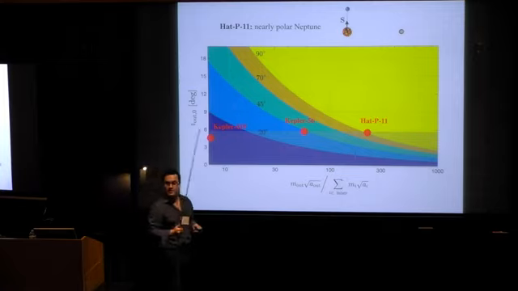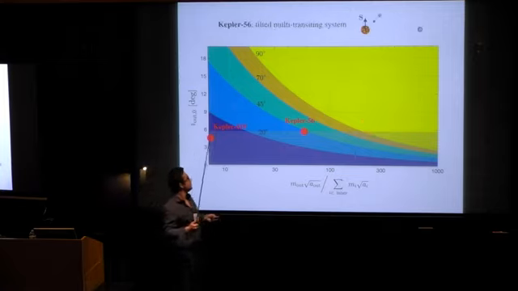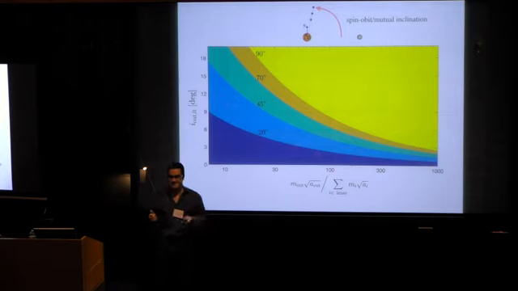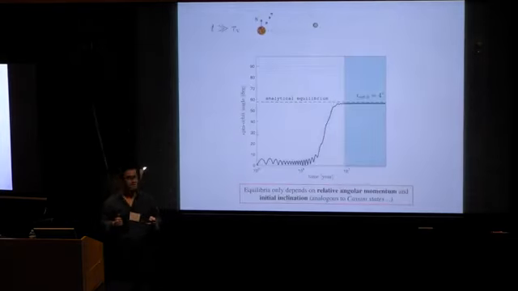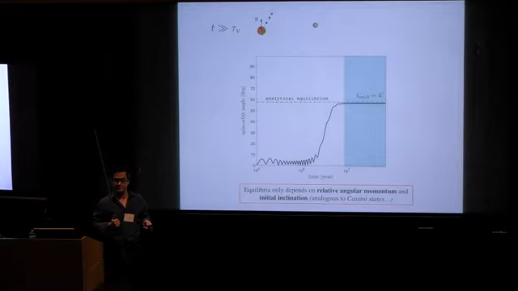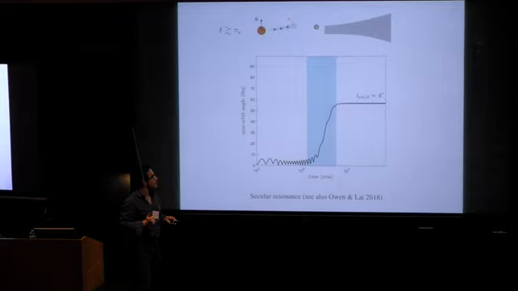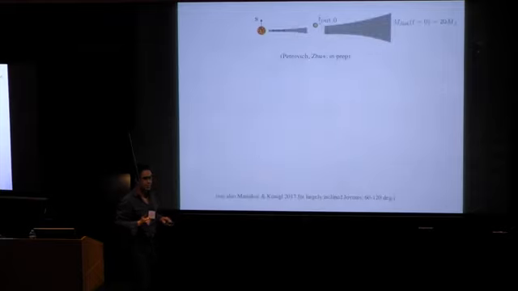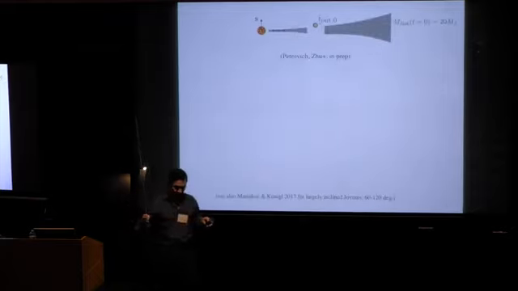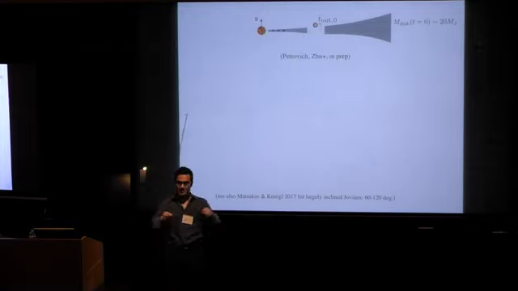At the beginning, your model requires quite a massive disk, right? 10% of the. So the disk is actually much more massive than the planet. So is this a requirement? That's roughly the requirement, yeah. If you were to put essentially all the disk in just one annulus close to the planet, it would be roughly the same mass.